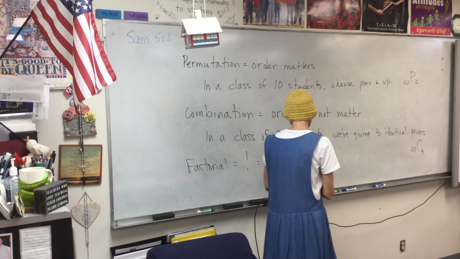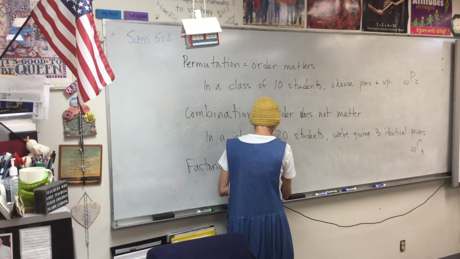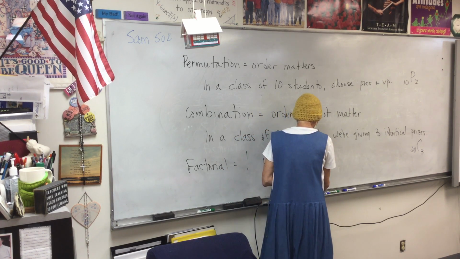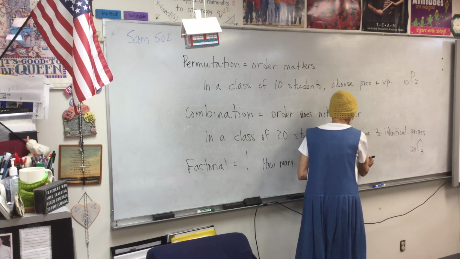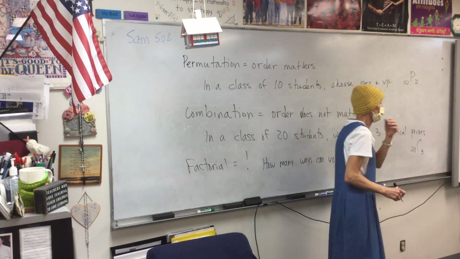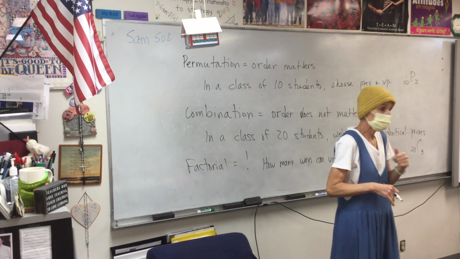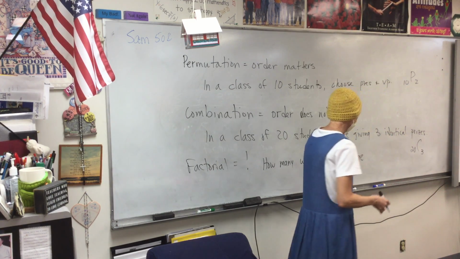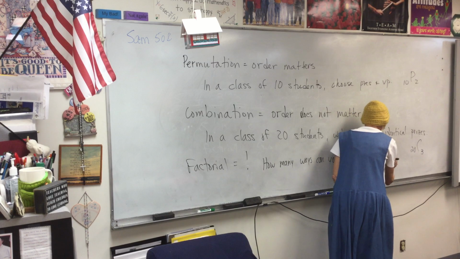Exactly. This situation is how many ways can you arrange, and it can be 5 books on the shelf, it can be 9 people in a row, it can be 8 letters of a word, it doesn't make any difference. How many ways can you arrange, I'll just say 5 books on a shelf?